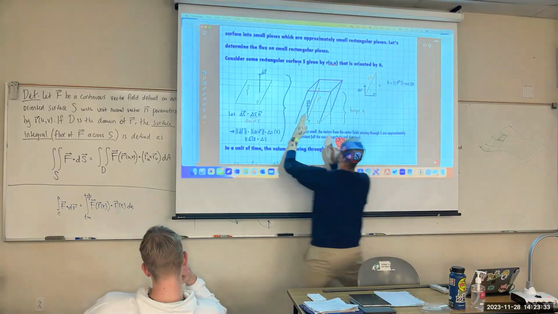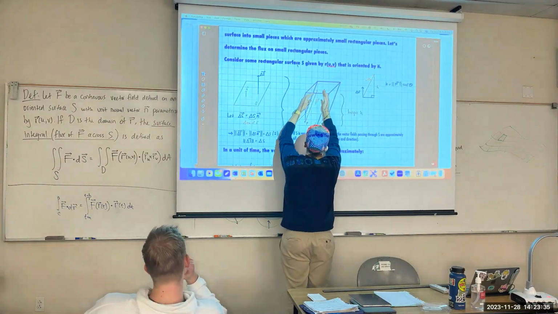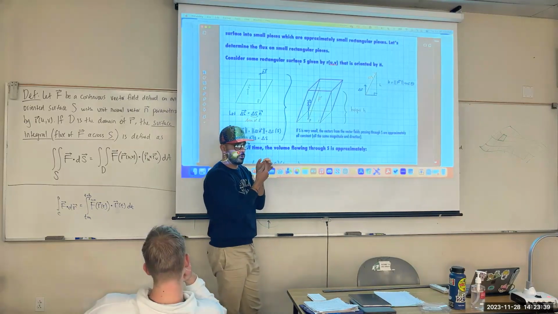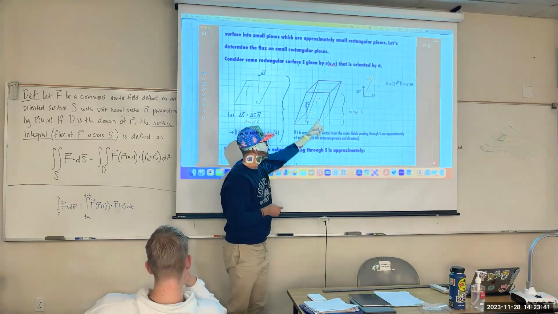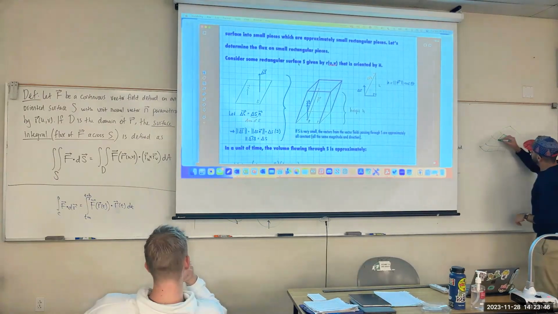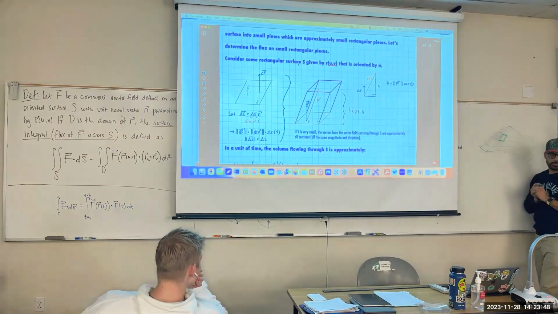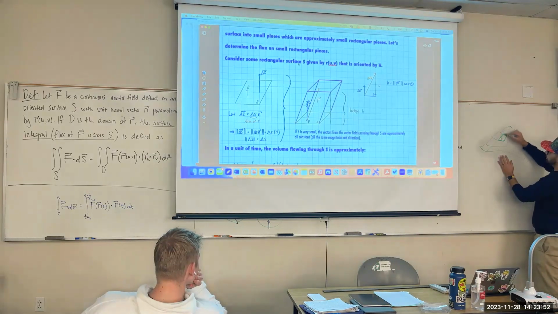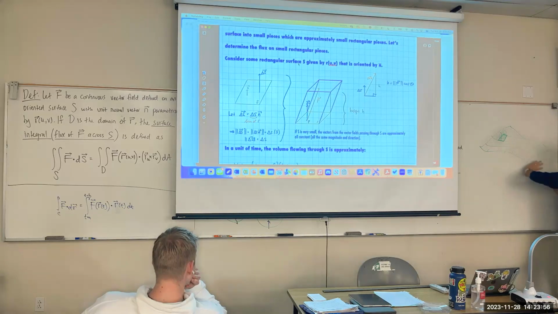So all the vectors will be approximately the same magnitude, and they'll be approximately pointing in the same direction, because we're varying that point very little, since you're only looking at a really small piece of your surface. Versus if I'm over here, maybe now they're going this way.